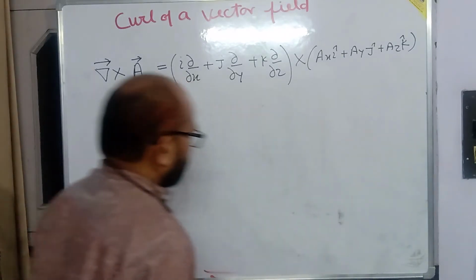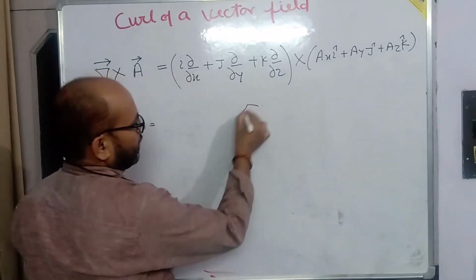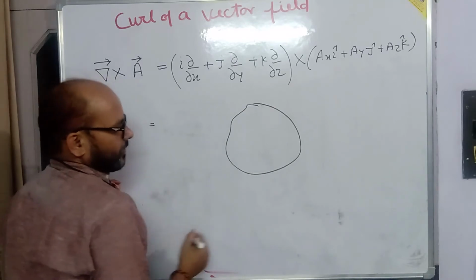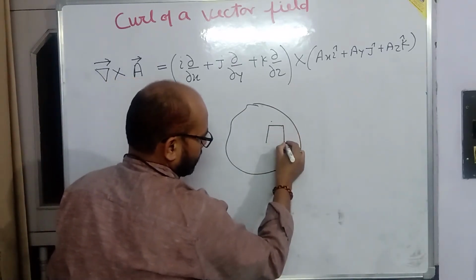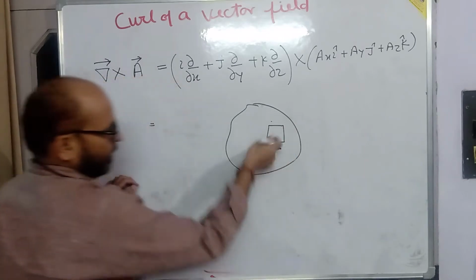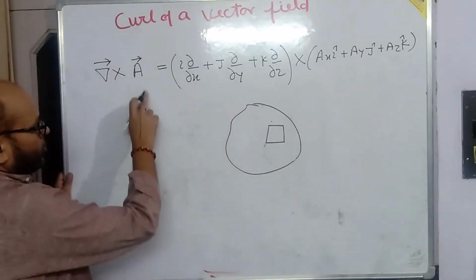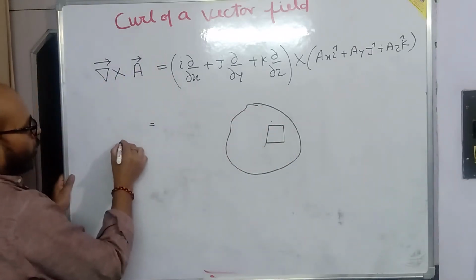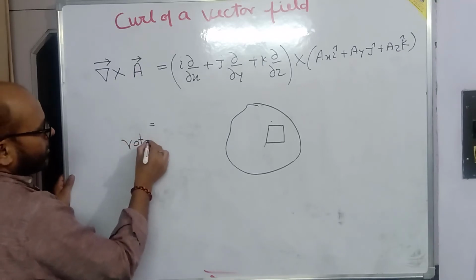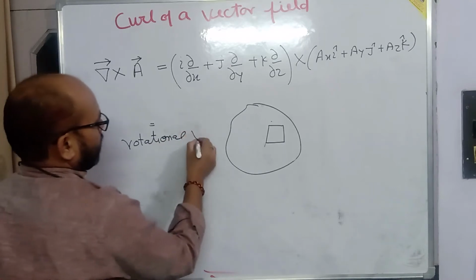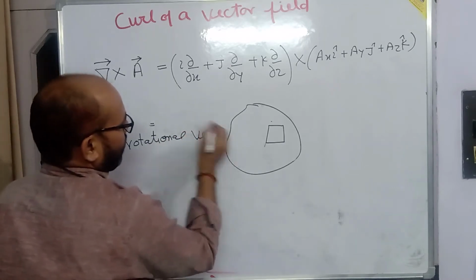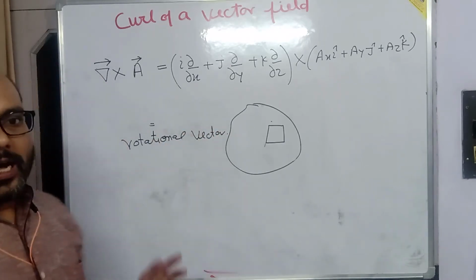In the same way, let us take an arbitrary surface with a small area element. Curl means rotation, a rotational vector, just like curly hair.